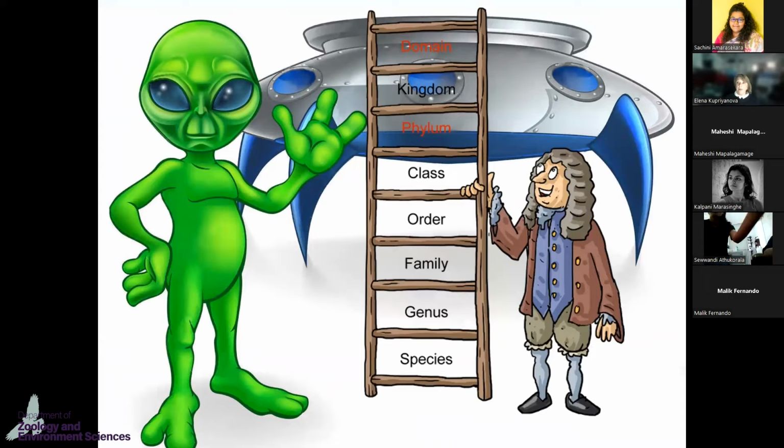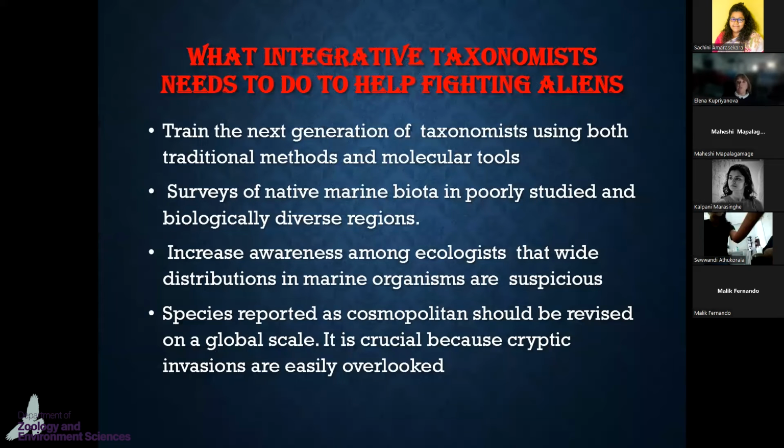So hopefully by this time I convinced you that taxonomists play an important role in handling alien invasions. And on a really serious note, this is what integrative taxonomists like myself need to do to help fight aliens. First, we critically need to train a new generation of taxonomists that would be using both traditional and molecular tools.